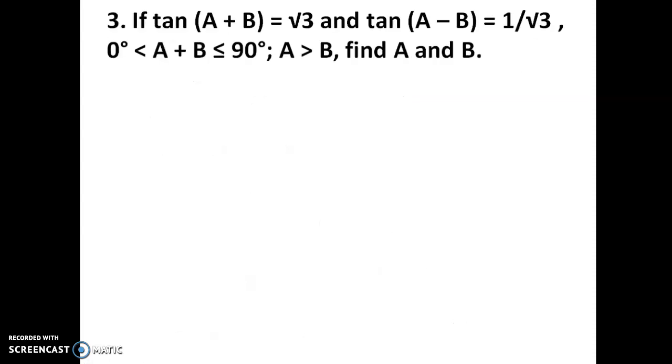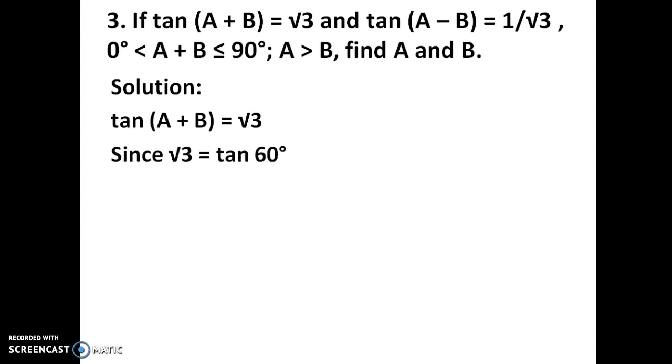And third problem, if tan(A plus B) equal to root 3 and tan(A minus B) equal to 1 by root 3, and A plus B is in between 0 to 90, and A is greater than B, find A and B. So let's take the first one, tan(A plus B) equal to root 3.